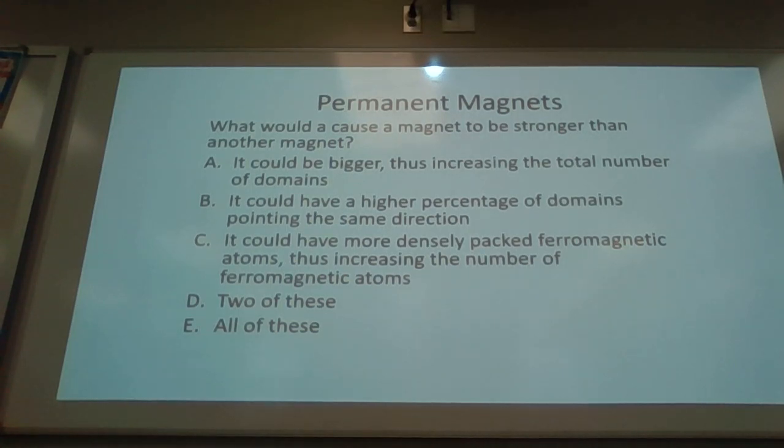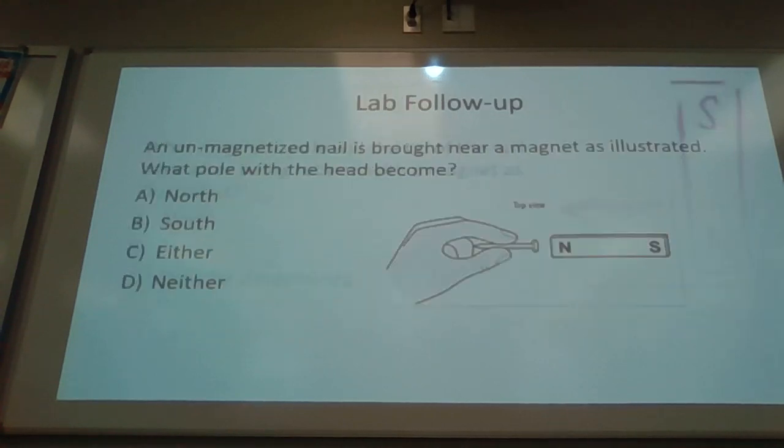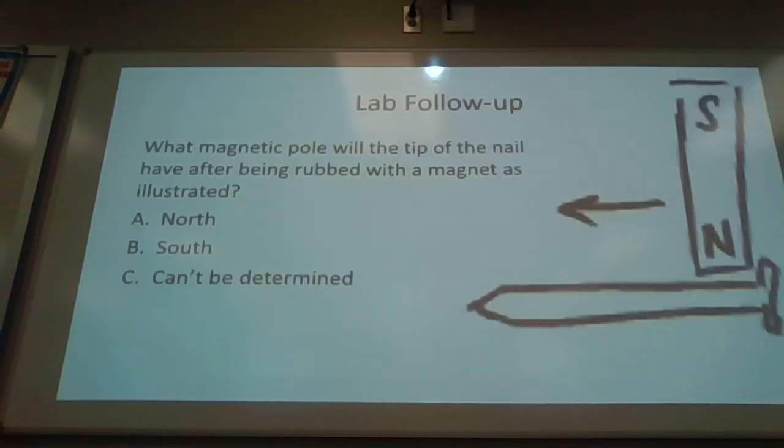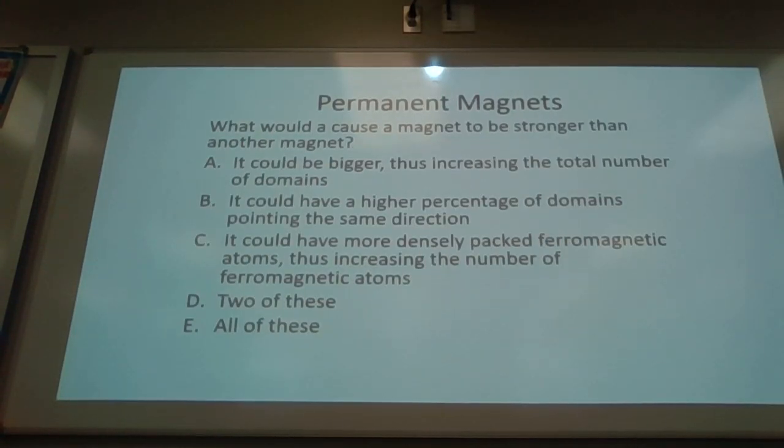Okay, so bigger magnets of the same material are going to be stronger than smaller magnets. You could have a higher percentage of domains, like it's more organized. The more these are looking uniform, the stronger the magnetic field is. The less organized, the weaker the magnetic field. And you could also have certain material where the atoms are more densely packed, and so you have a stronger magnetic field.